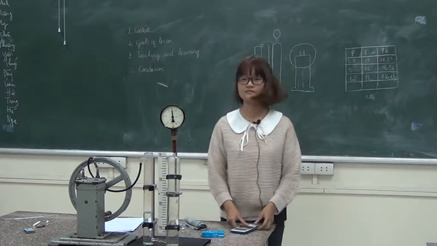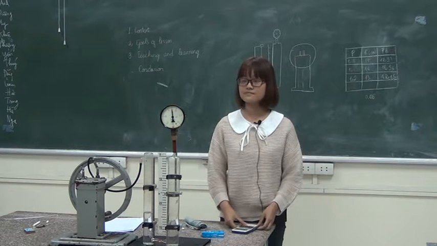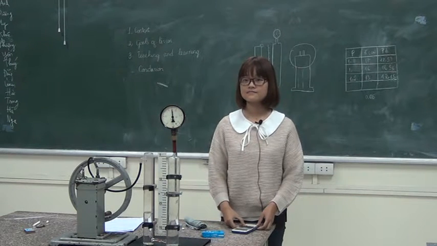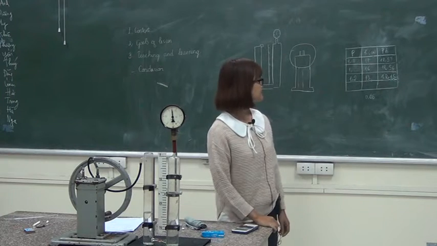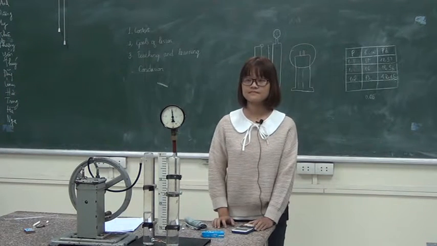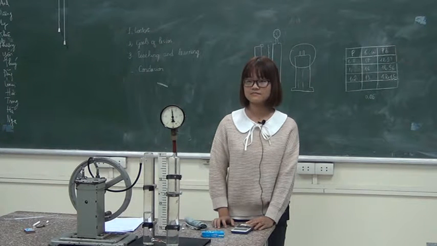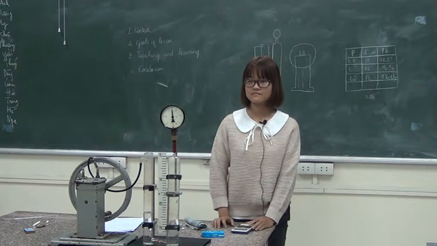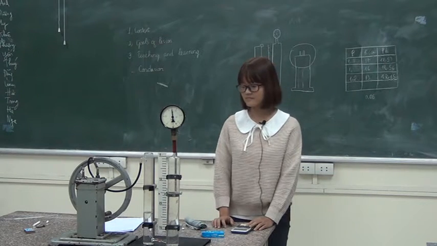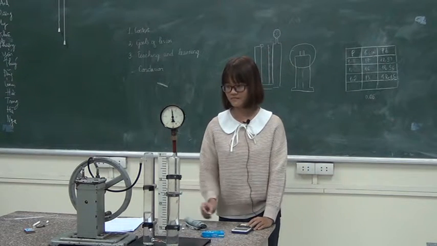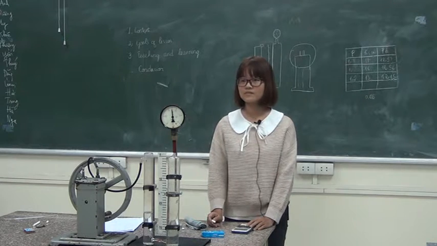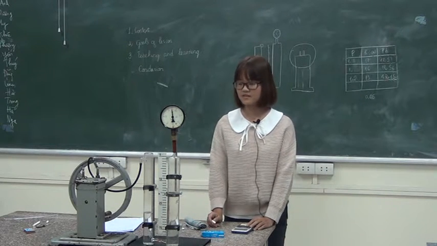Okay, the second thing: if you take it randomly, the water surface is not exactly fit with a certain scale on the ruler. How can you adjust to the situation where the water surface is exactly in line with the scale on the ruler to minimize the errors in reading the height?